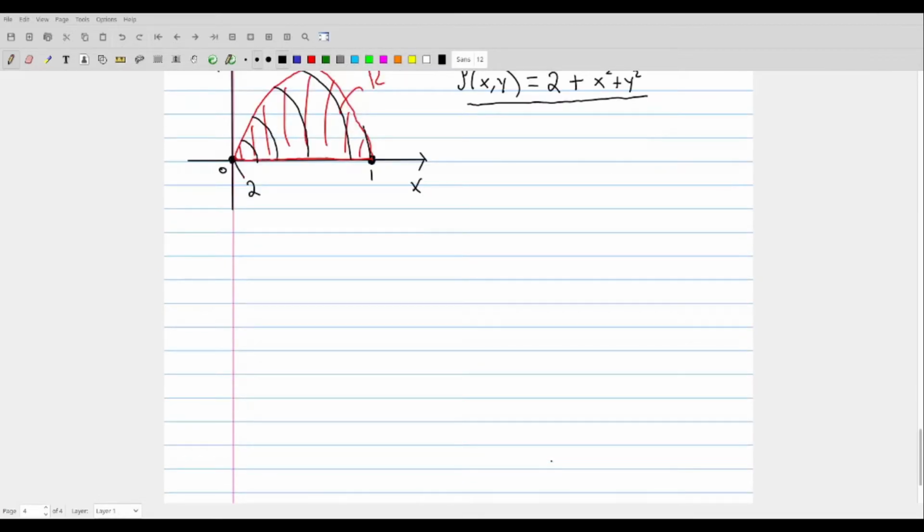So to do this, we need to set up a double integral. Specifically, the total mass in the region is equal to the double integral over the region of this density function.